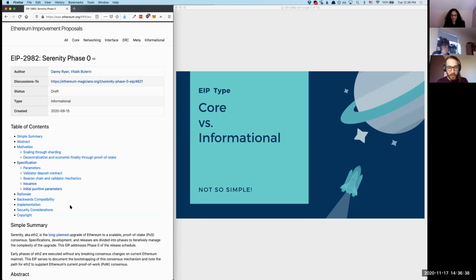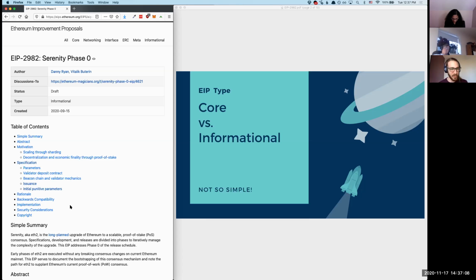And this was actually a bit of a debate. I initially posted this as core in the sense that the argument is that the changes that we propose, the extensions to the protocol that we propose, will eventually affect Ethereum mainnet. But the pushback is that by design, the initial phases of ETH2 do not affect Ethereum mainnet.